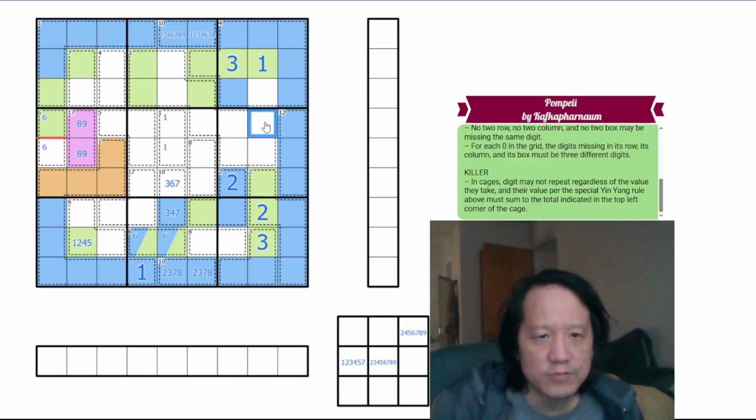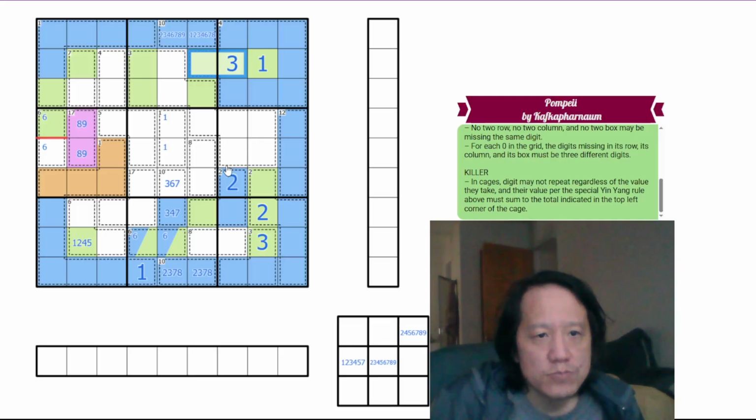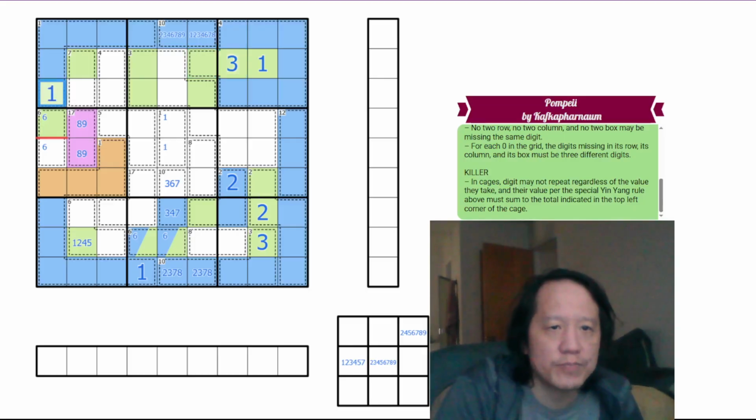We don't know. One of these is blue. The rest are green. Okay. This is blue. This is the 1.